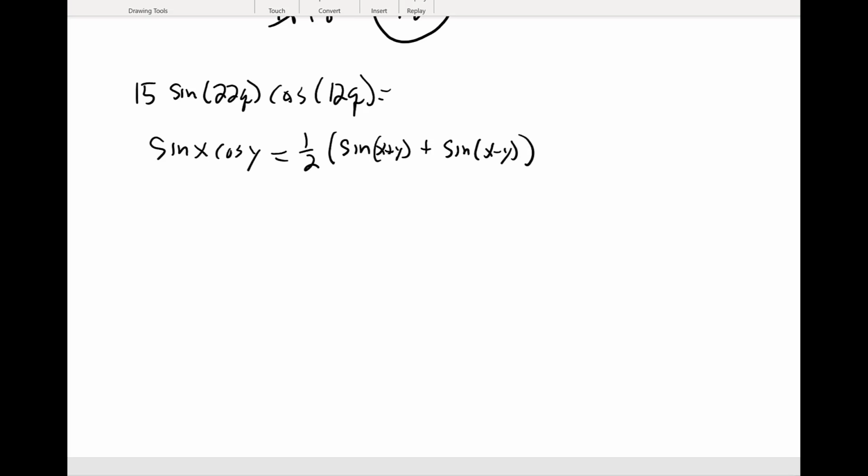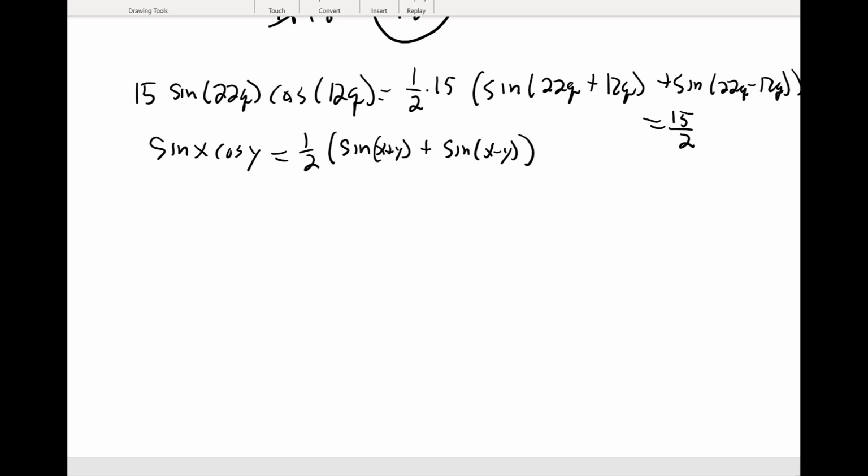So this will be 1/2 times the 15, or 15 times 1/2, times sine of 22q plus 12q plus sine of 22q minus 12q. So I end up with 15 over 2 times sine of 34q plus sine of 10q.